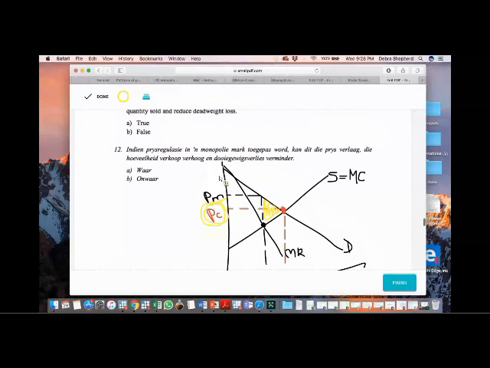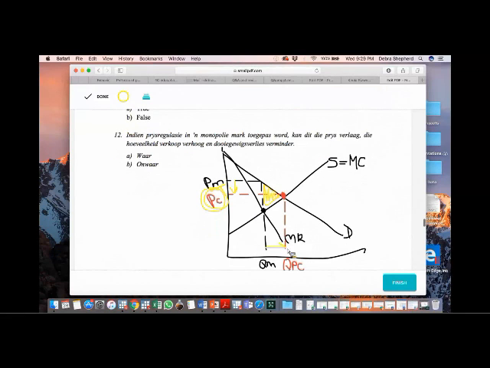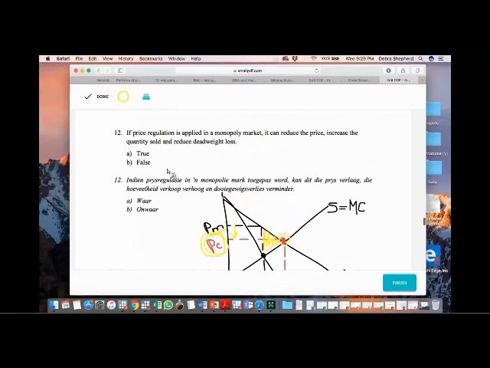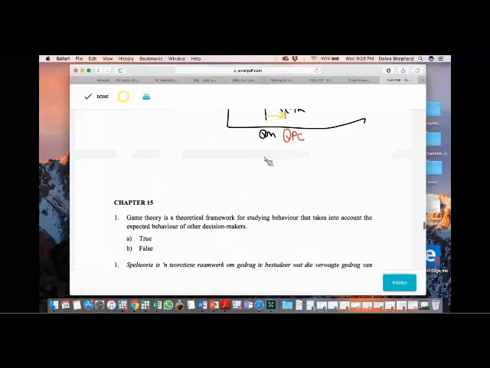So the result of that regulation is price would go down, quantity would go up, and the deadweight loss would disappear because it would then put the market into equilibrium. So the answer to this question is true. Price regulation means monopoly prices go down, their quantities go up, and we reduce the deadweight losses that they generate.